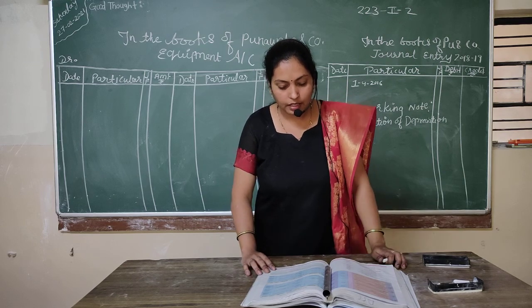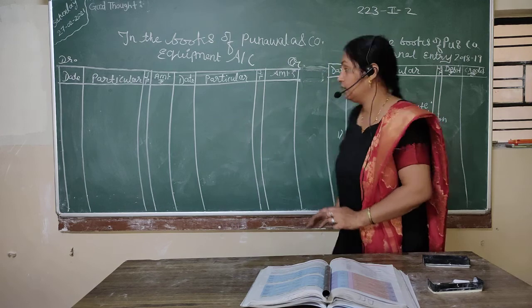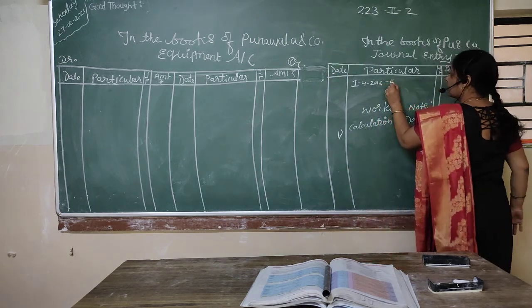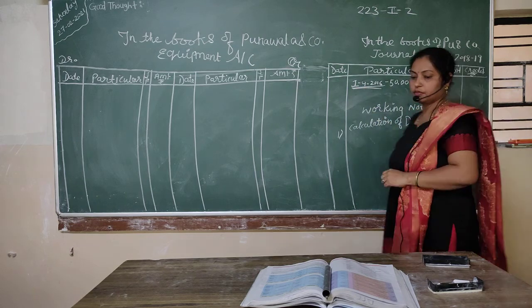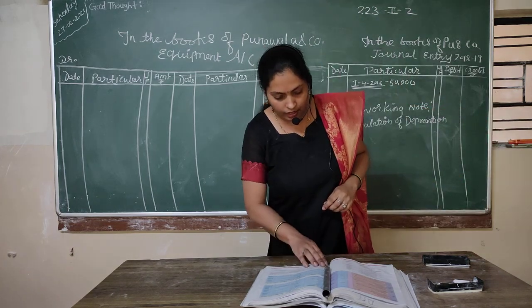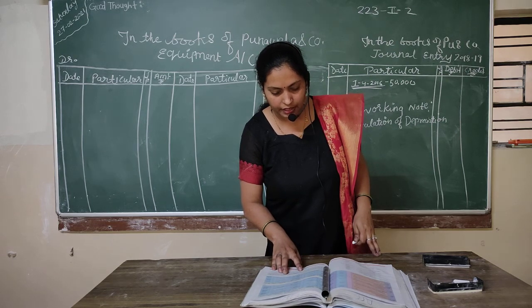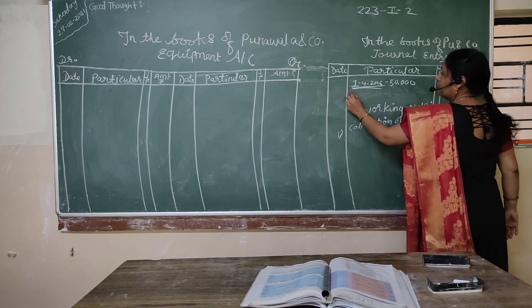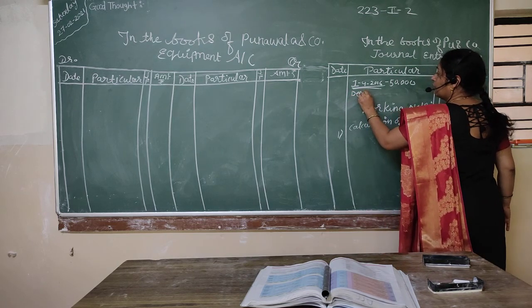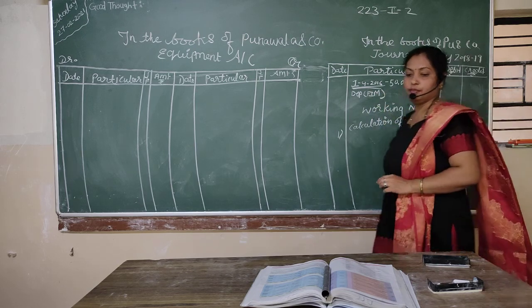Mrs. Poonawalla and Company, Latur, purchased equipment of rupees 50,000. Equipment of 50,000 is being purchased on this date. After that, against the check, they decided to follow the fixed installment method of depreciation, that is the first method.